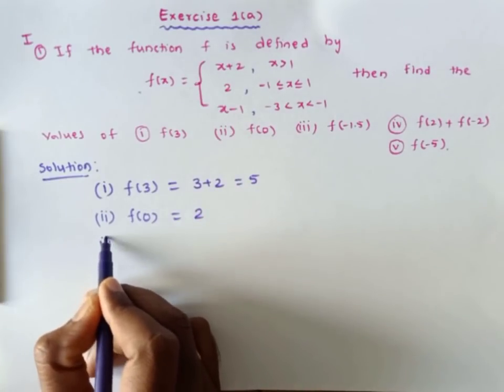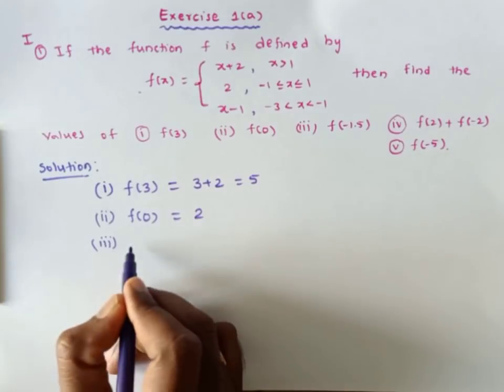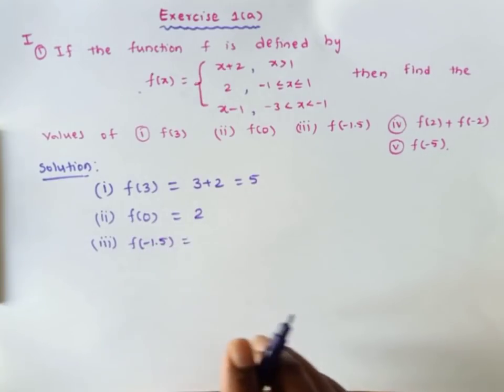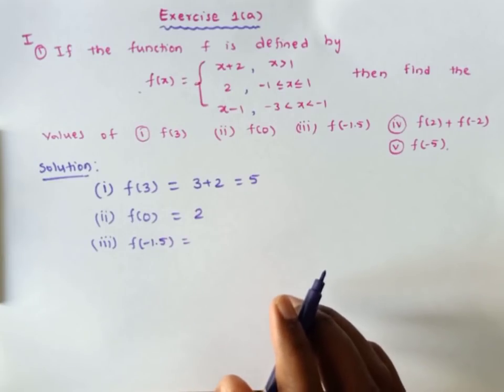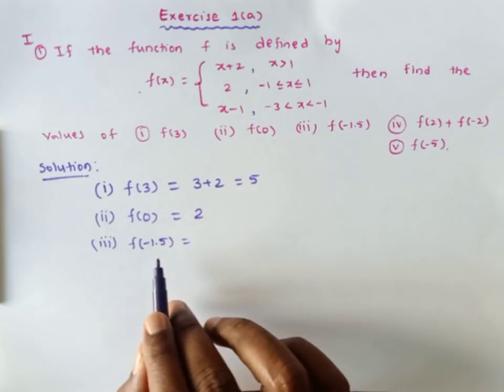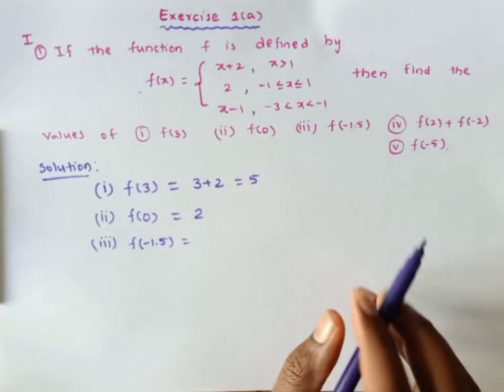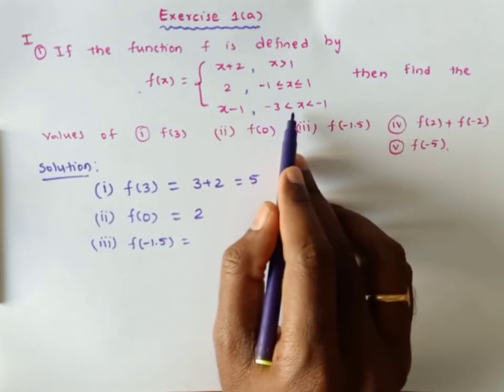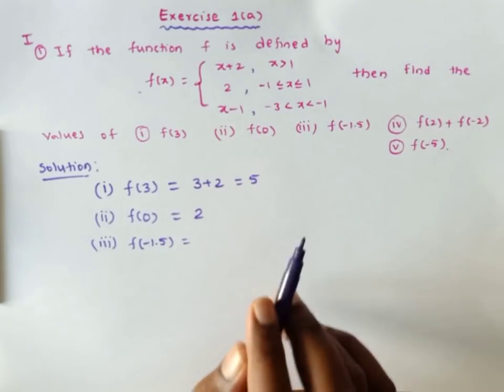Next, number 3. What is number 3? It is f of minus 1.5. Where does it lie? Minus 1.5 is less than minus 1, so the value of x may be in between minus 3 and minus 1.